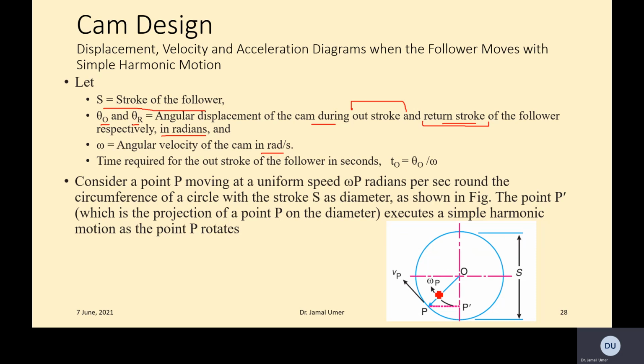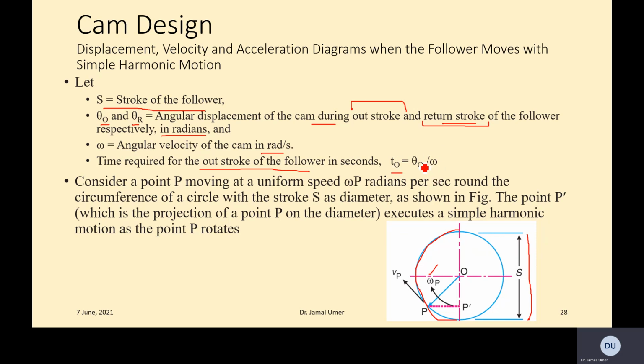So this hole is S, that's the diameter, and that's what we have done: the semicircle we have drawn, with diameter equal to the stroke length. The cam is moving with angular velocity omega in radians per second, and the time required for the outstroke of the follower in seconds would be t0.